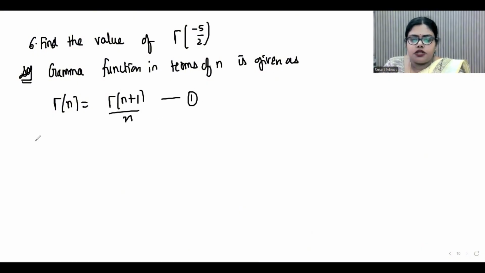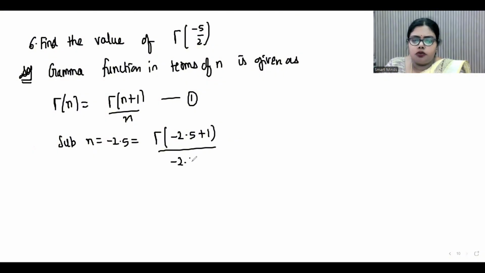Take this as equation number 1. Now substituting n, see 5 by 2 is 2.5, right? So we put n is equal to minus 2.5. You can do it with 5 by 2 also, there is nothing wrong. Gamma of minus 2.5 is gamma of (minus 2.5 plus 1) by minus 2.5.